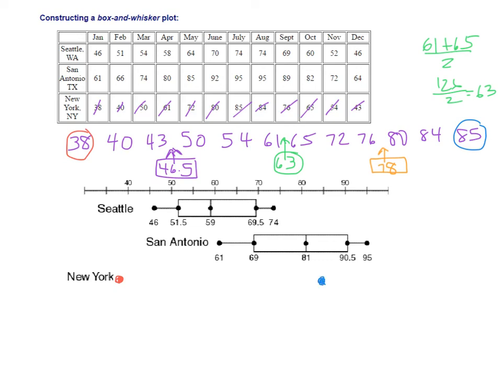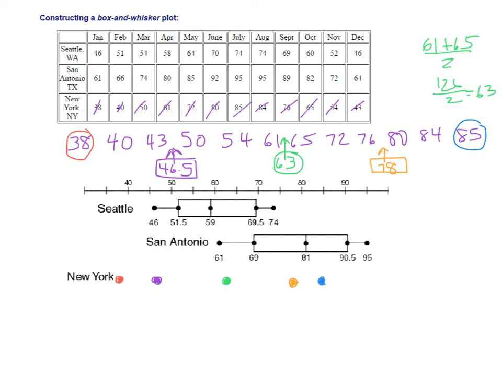Our median is 63. 63 is right about here. 46.5 is our lower quartile. 46.5 is right in this region here. Again, notice 46.5 is right about here. This is 45, 46, 46 and a half. And then lastly, we have our upper quartile, which is 78, and 78 is right in this region here.